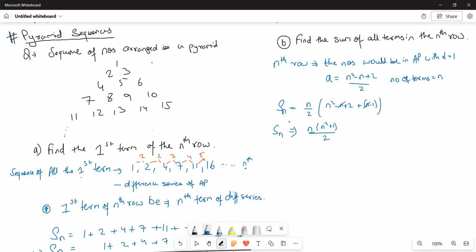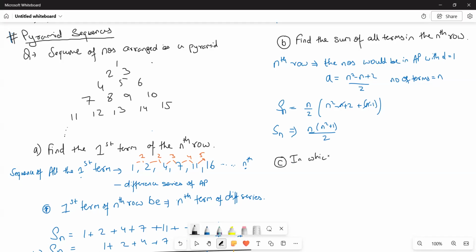Was anyone able to follow this? यस सर। Acha, next part of this, next question in this.